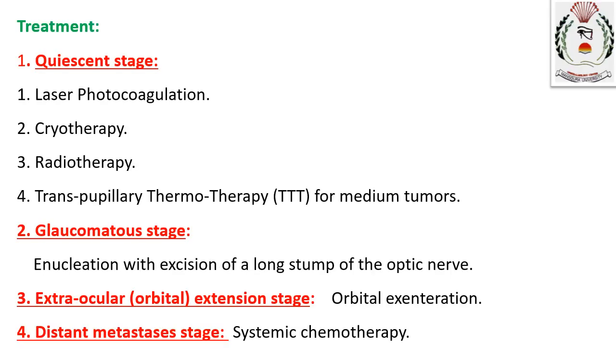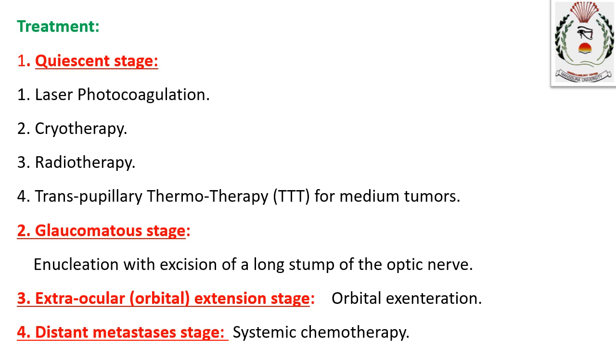How can we treat the case? According to the stage of the case. If the retinoblastoma is diagnosed in the first stage, which is called the quiescent stage, there is no glaucoma, no extraocular extension, and no distant metastasis.